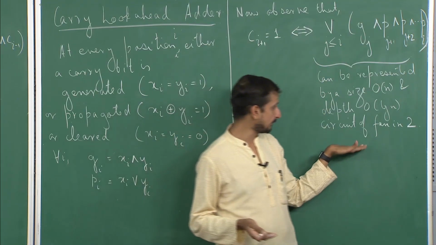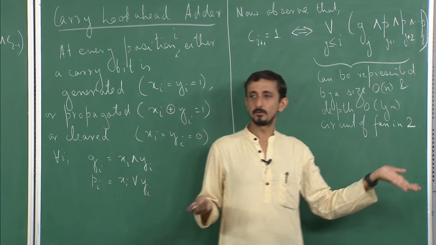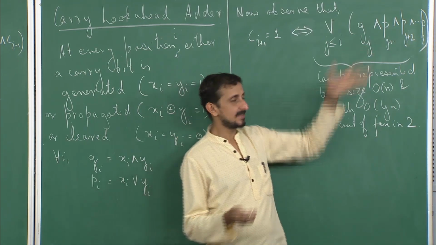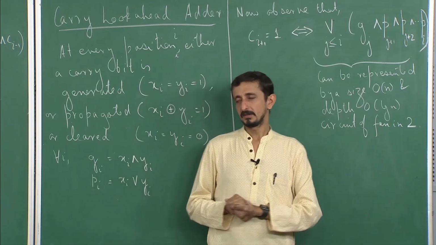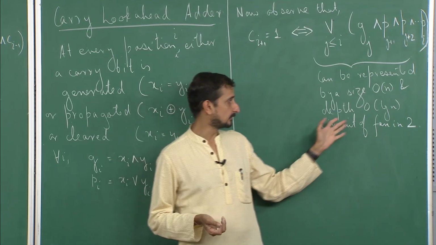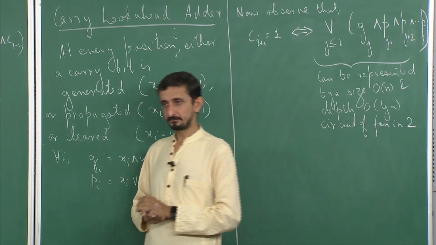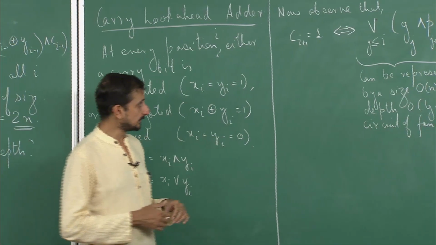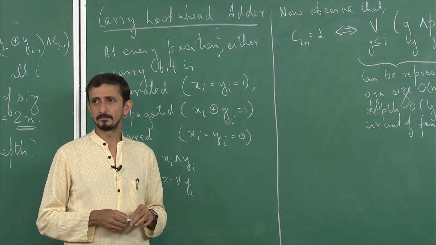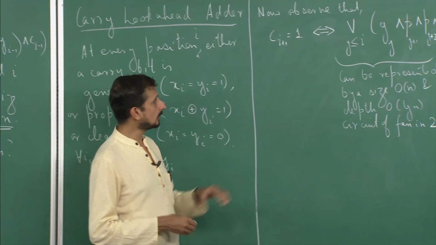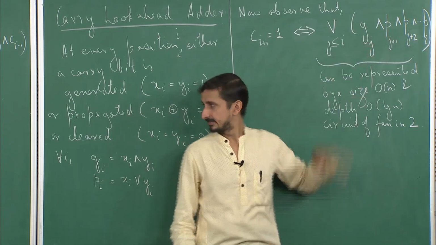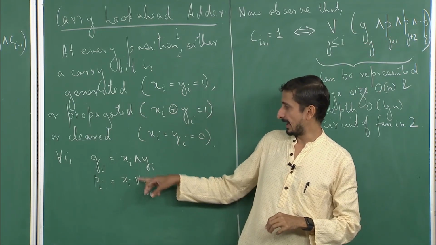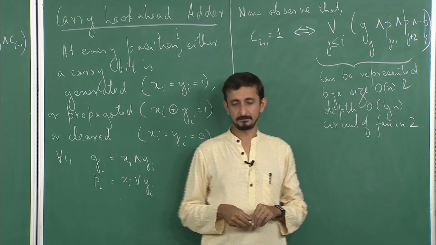But if you want to have bounded fan-in, let us say fan-in 2, then I will just expand this out into a tree, and I will get a circuit of depth order log n with fan-in 2, right. Here I have depth 2, and for each Gj and Pj I have one more depth. So, depth 3 actually.